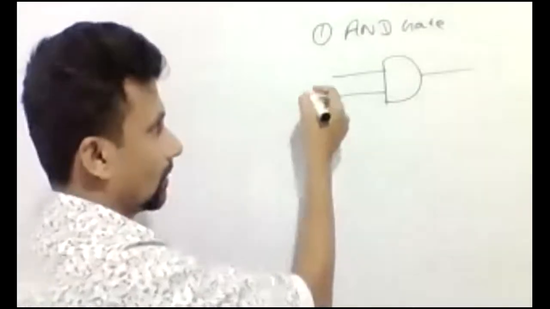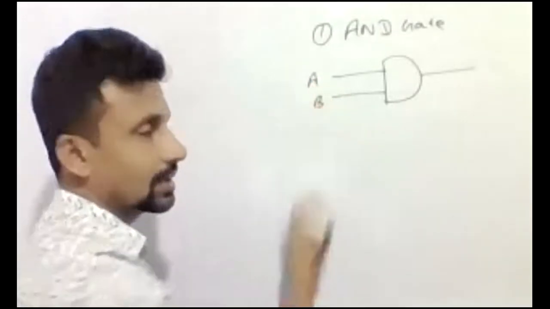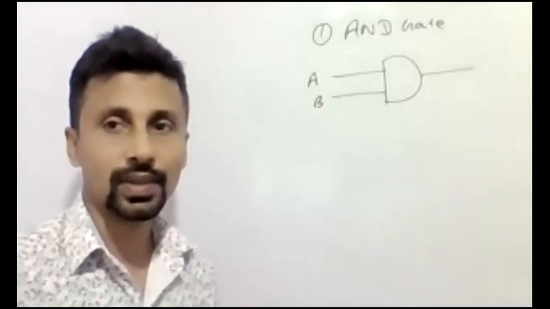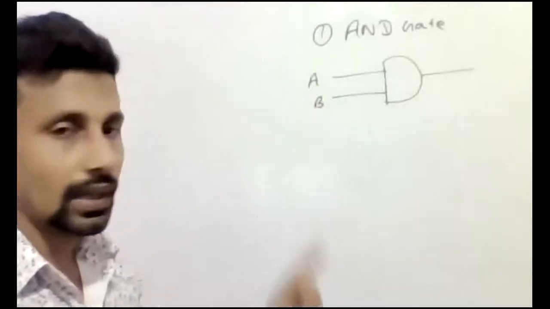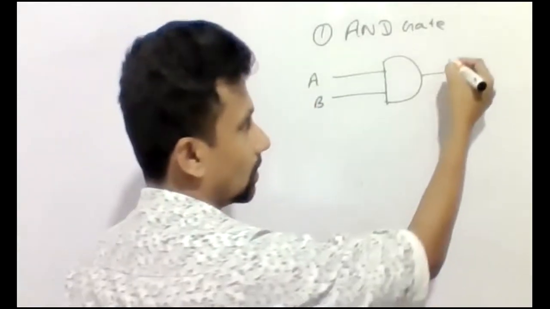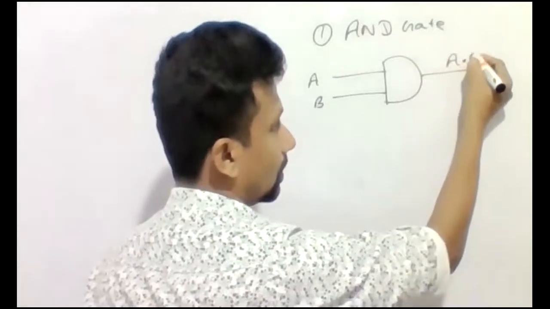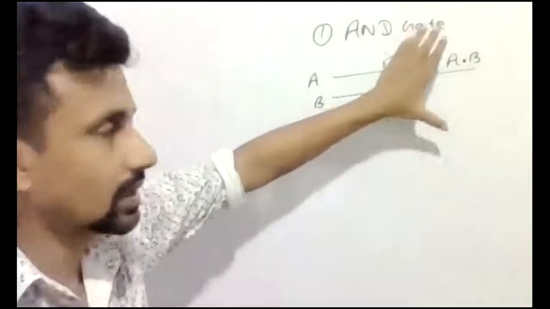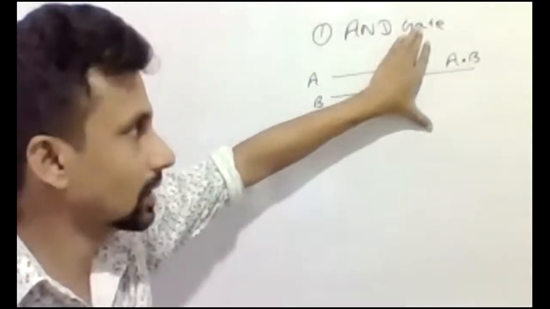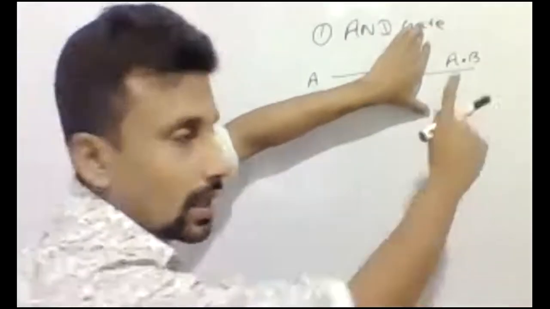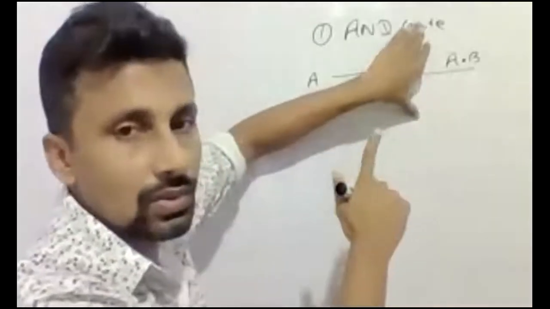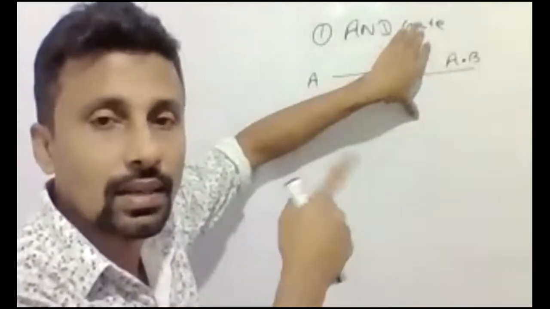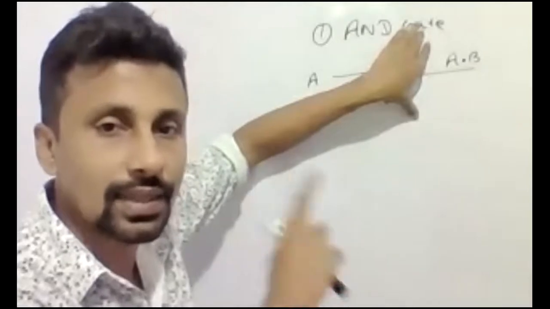If I take A and B as my input, you can write the output as A dot B. If you don't see the gate but you see A dot B, you can understand that A and B have been connected with the AND gate.